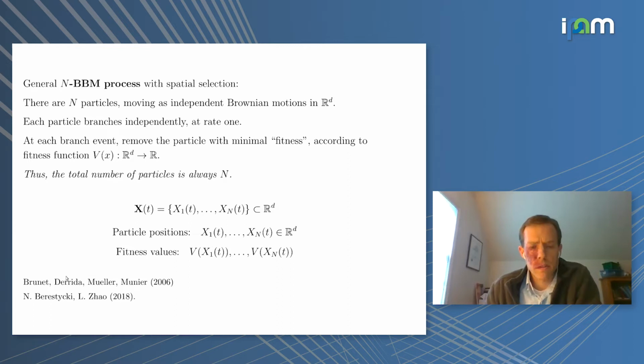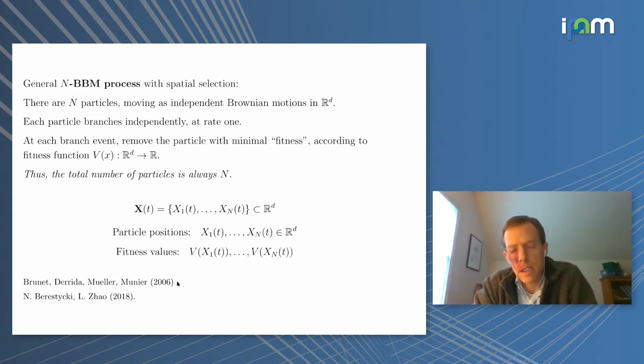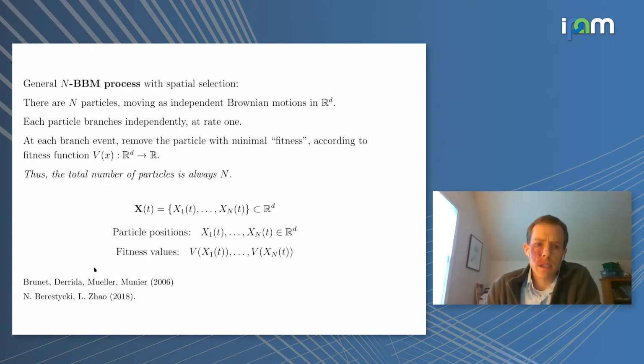There are different versions of this. One of the first versions, perhaps the first version of this, was due to Brunet, Derrida, Mueller, and Munier in 2006. As I've described it here, this way of formulating it in terms of fitness function V and continuous diffusion is due to Nathanaël Berestycki and Lee Zhao.